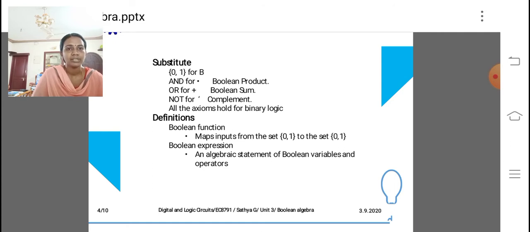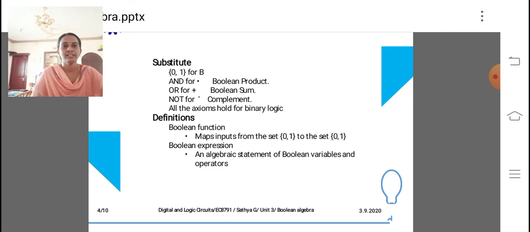This Boolean expression consists of Boolean variables and Boolean operators. Boolean variables, that is a, b, x, y, z, everything comes under Boolean variables. Operators means we are using the multiplication operator and addition operator. These all come under Boolean expressions.